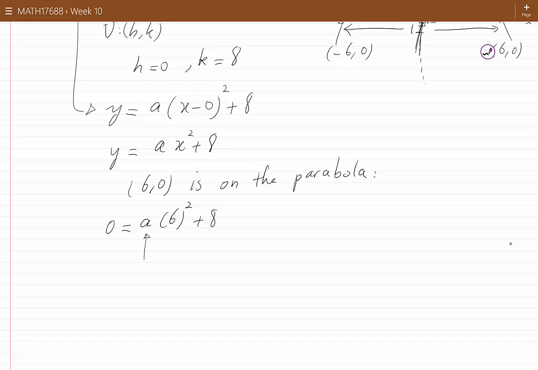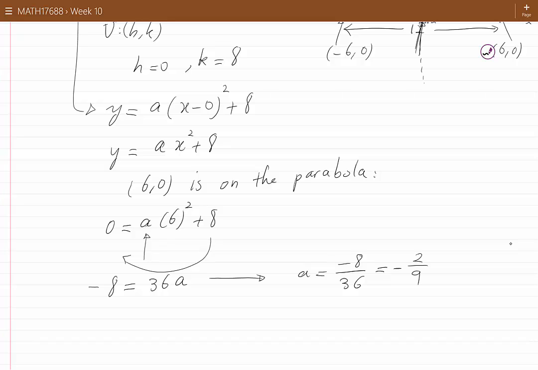Since we have one equation and one unknown, in general we should be able to find the value of the unknown. We take 8 to the other side of the equation and we have -8 is 36 times a. If we divide both sides by 36, we get a is equal to minus 8 over 36, which we can simplify to minus 2 over 9.